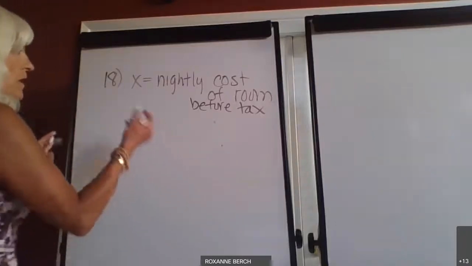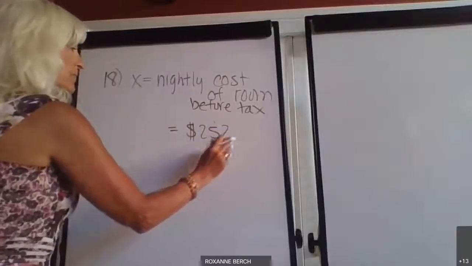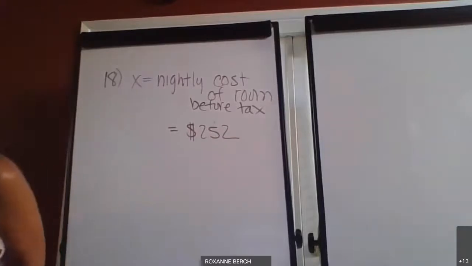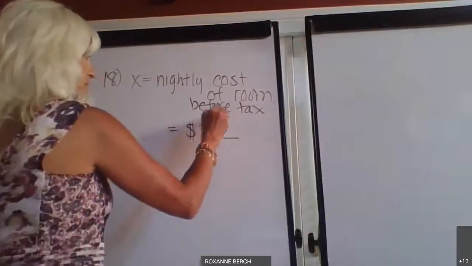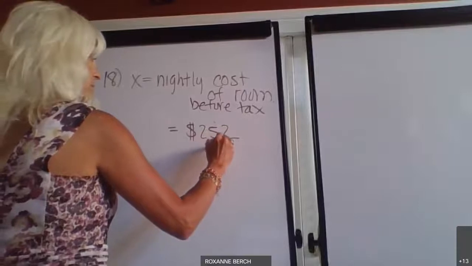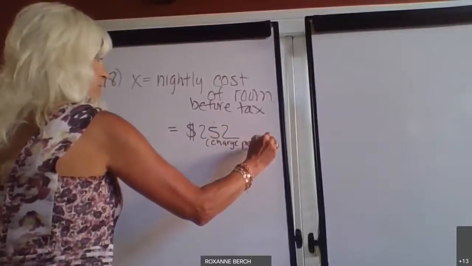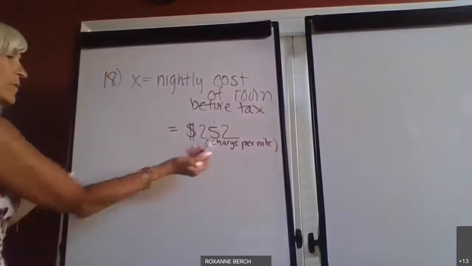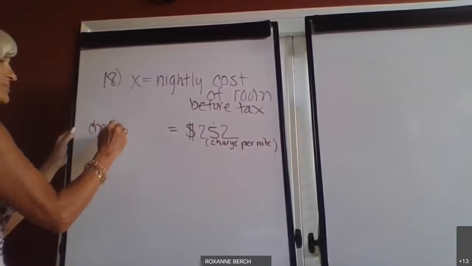So the $2.52 represents what the inn charges per night. How do we write what the inn charges per night?